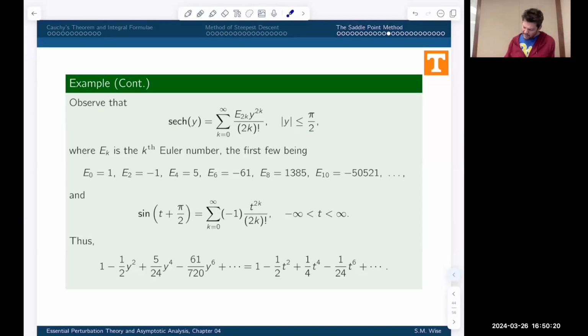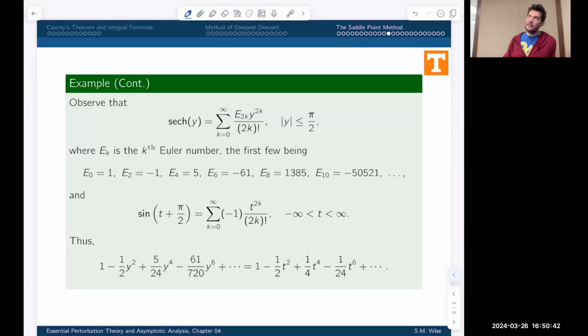In fact, I need to check this. This might not be the equal sign here. This maybe should just be a less than. Because it should go to infinity. Well, not just because of that, but it's a little more restrictive even than that, actually. So it doesn't quite fit the full, right?